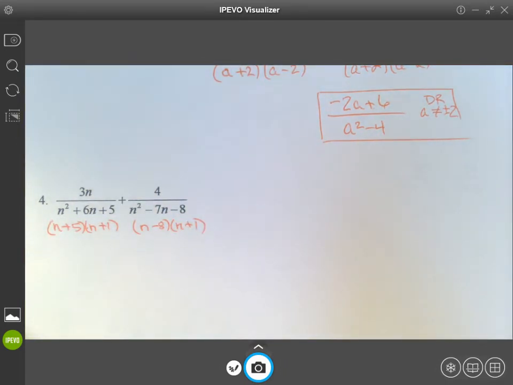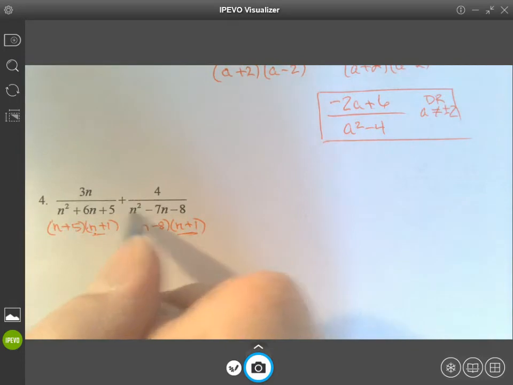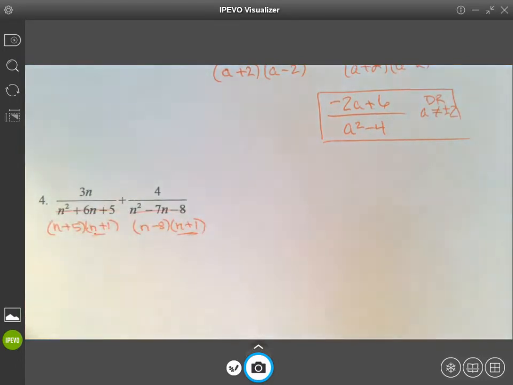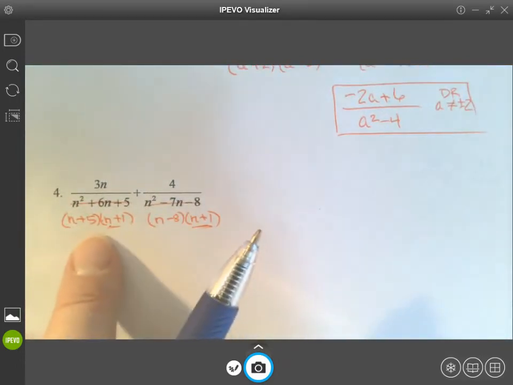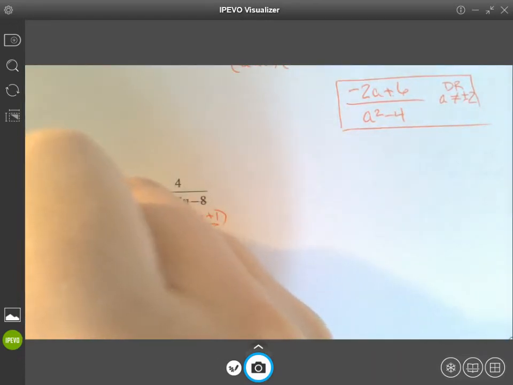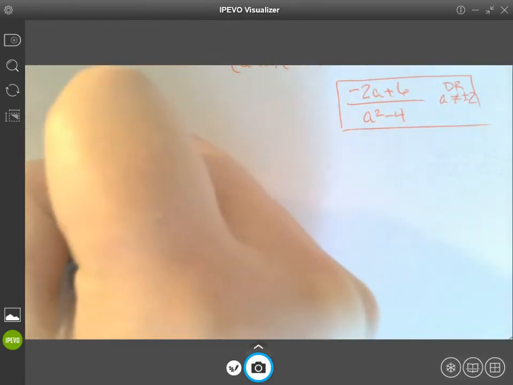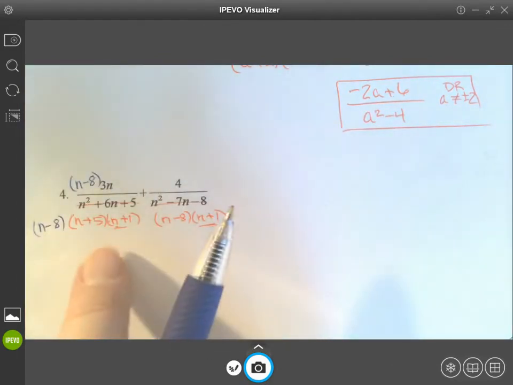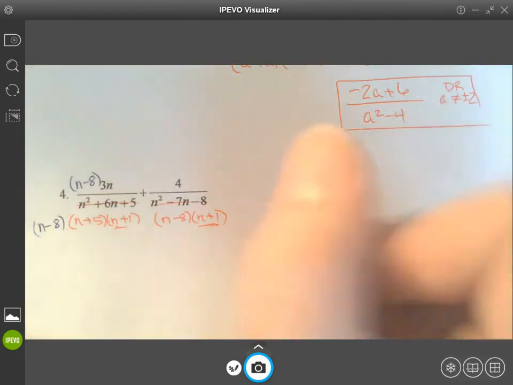Do they have anything in common? Yeah, they have the n plus 1, so that's good. I'm just going to cross that off so we don't get thrown off by it. What does this need? This has an n minus 8. This needs it. All right. And this has an n plus 5, so this needs it.